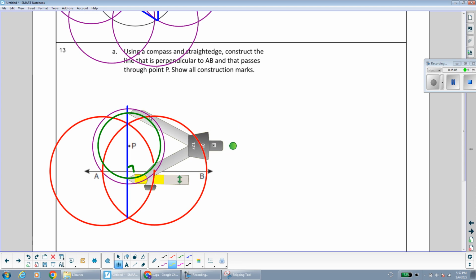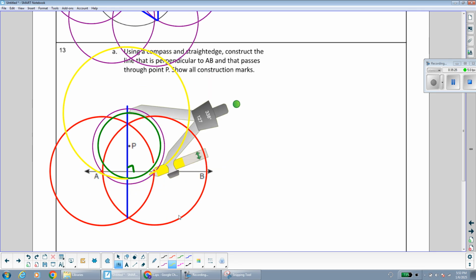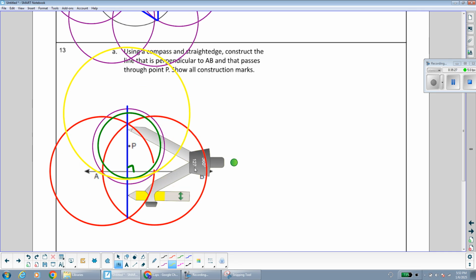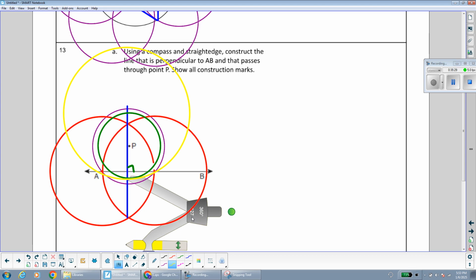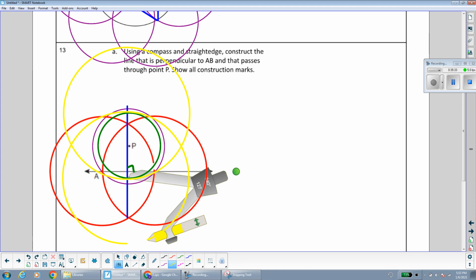And I'm on one of the intersection points now. I'll just swing an arc. It's so hard on the computer to get this to swing. Give me one moment. There we go. Finally, it's swinging. Now I'm going to go over to that other green intersection point as best as I can on the computer and swing that same arc.